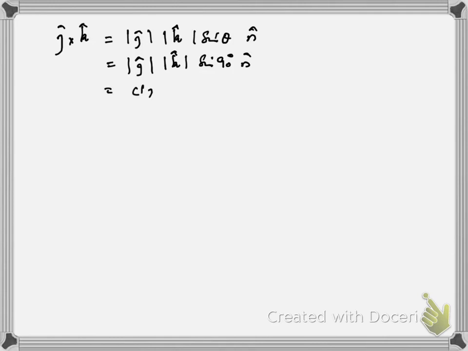It is equal to 1 into 1 into 1 into n cap. So result is again n cap, but this n cap is a unit vector which is perpendicular to J and K both, and a vector which is perpendicular to J and K both must be equal to I cap.